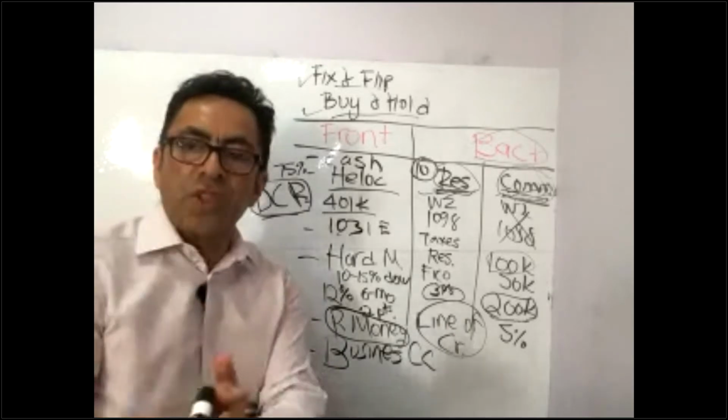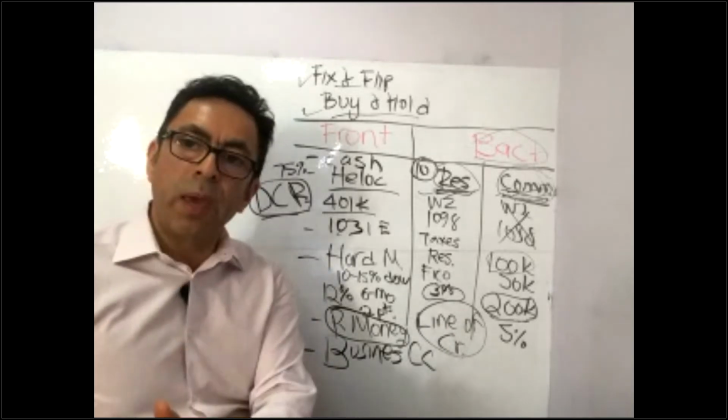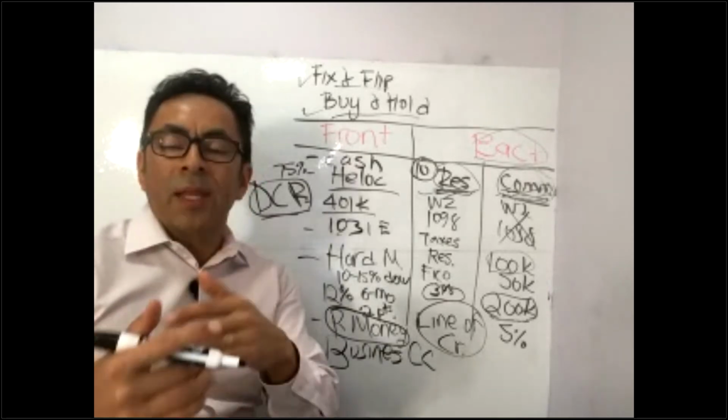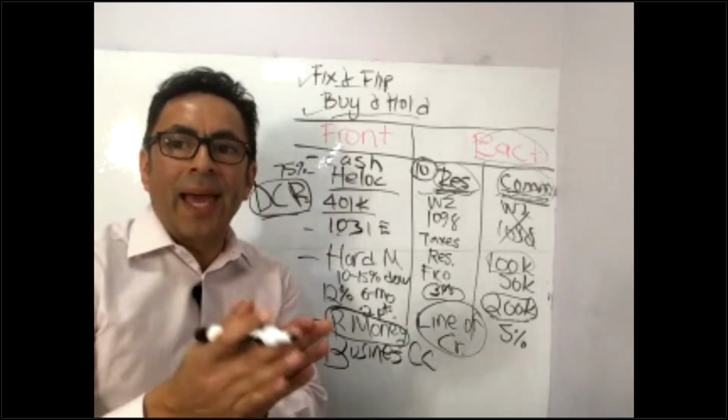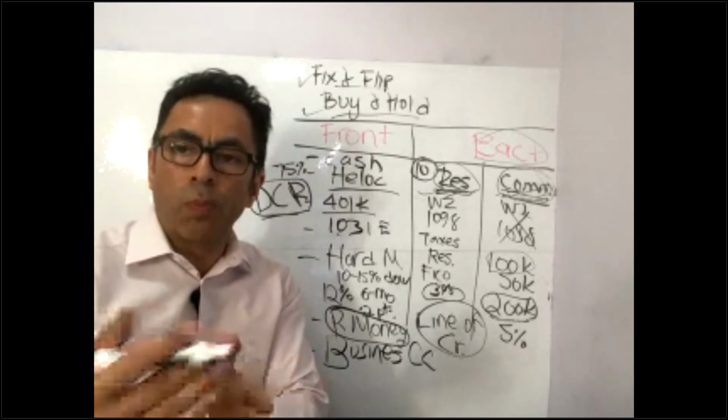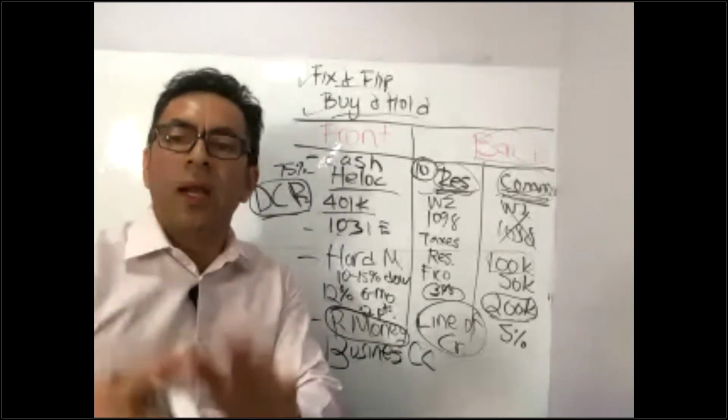That is sufficient to pay the mortgage payment. Not only that, but that you have at least a 20 to 25% surplus in reserves. Let me give an example.